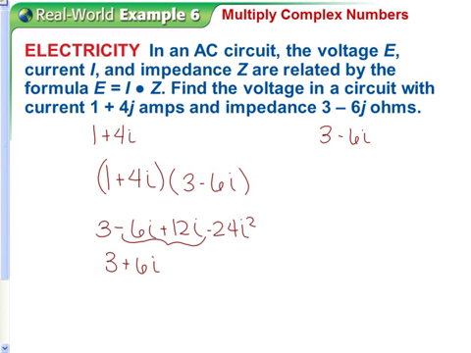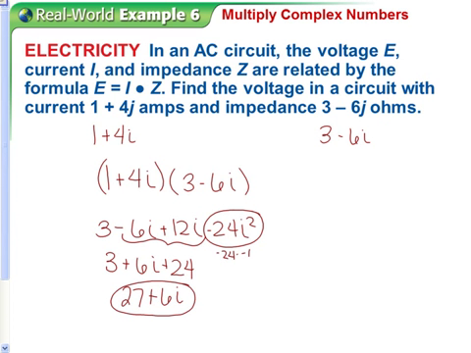But now this term right here, that i squared is going to make negative 1. So negative 24 times negative 1 is actually positive 24. And now we have two more terms that can be combined together, the 3 and the 24, to make 27 plus 6i. And that is the simplified answer.